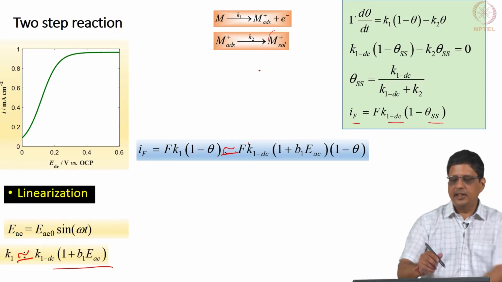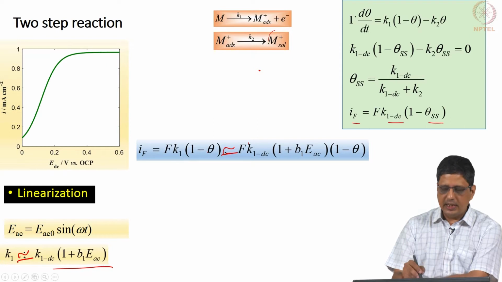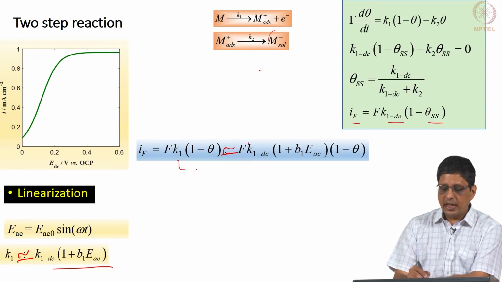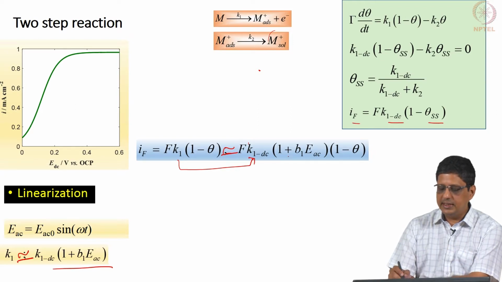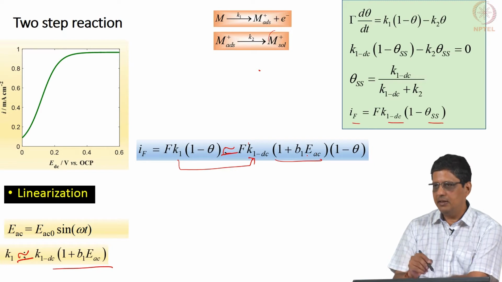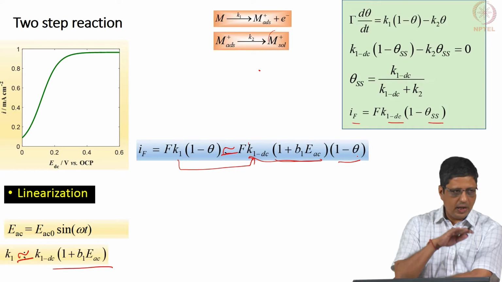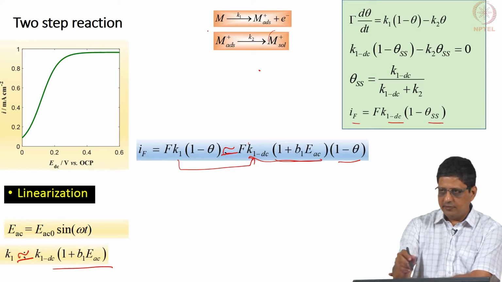Now, in general the current is going to be F K1 (1 minus theta), where K1 can be time varying, theta can be time varying. So, K1 I know how to approximate it, K1 DC into 1 plus B1 EAC when EAC is small. This theta also I know it is going to vary with time, because the rate constant K1 is varying with time, surface coverage also will vary with time.